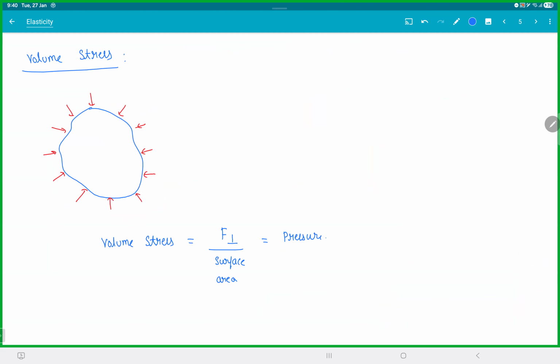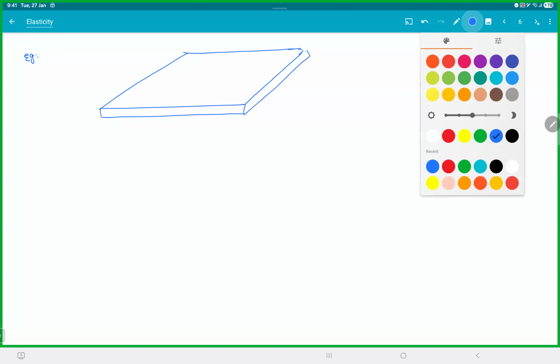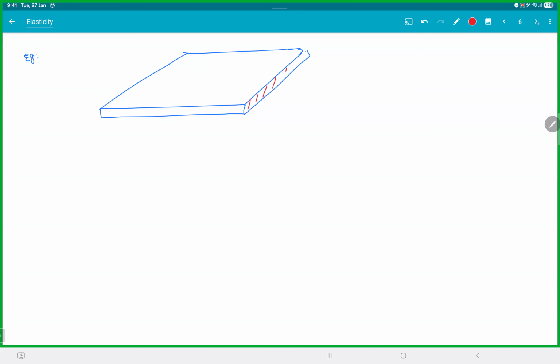For example, if you take a paper and try to stretch it, so this is your cross-section area. If you try to pull a paper, stretching a paper is the longitudinal stress.